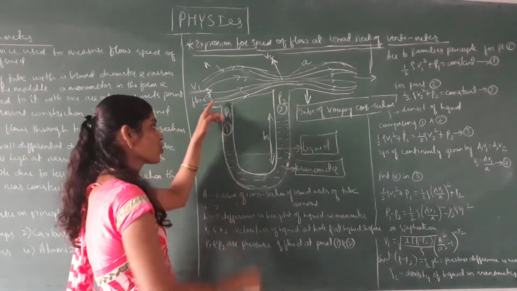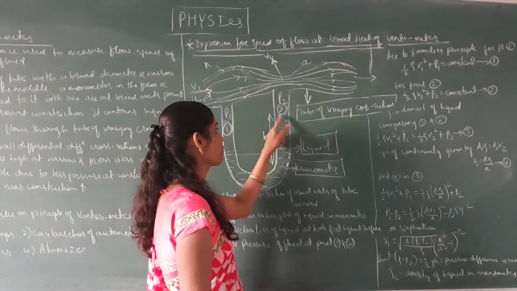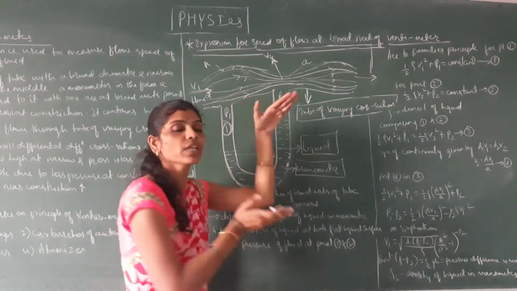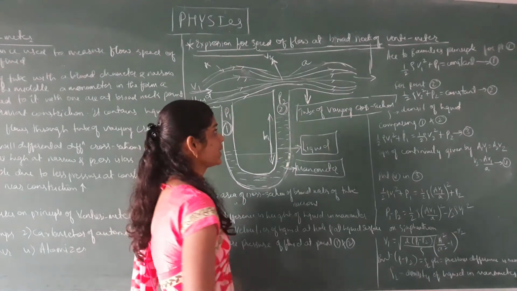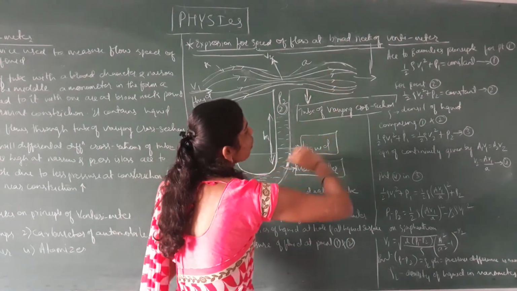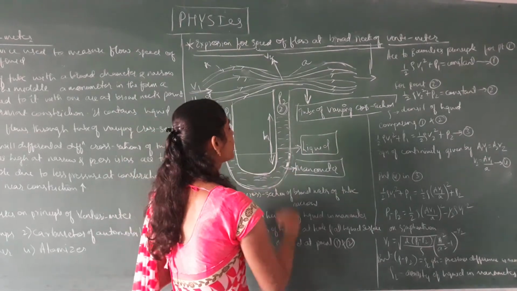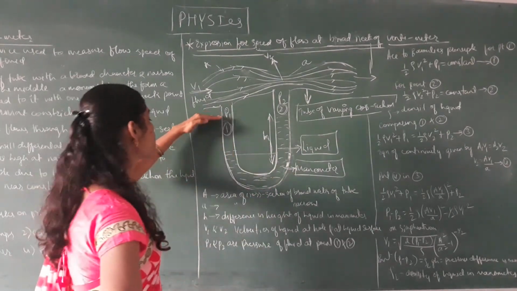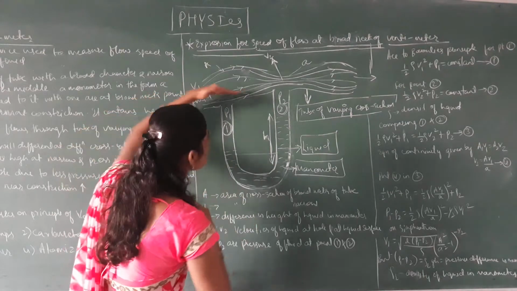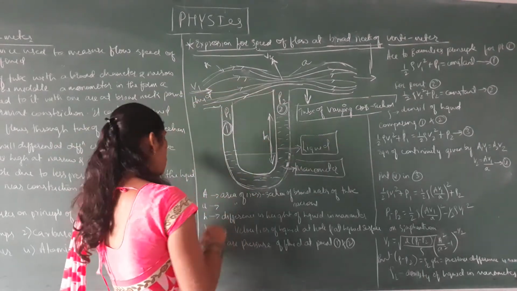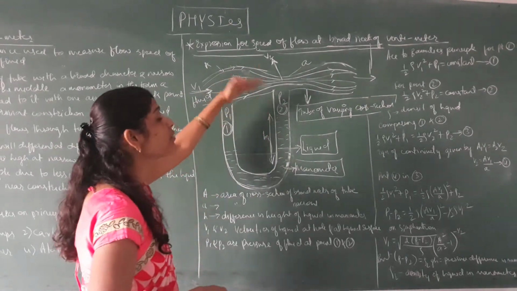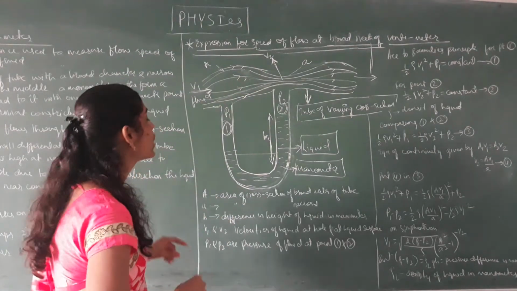P1 is the pressure at point 1 and P2 is the pressure at point 2, and H is the height of the liquid in the manometer. This represents a tube of varying cross section, and the liquid is filled in the manometer. If you pass water here, since it has different areas of cross section, the liquid flows.